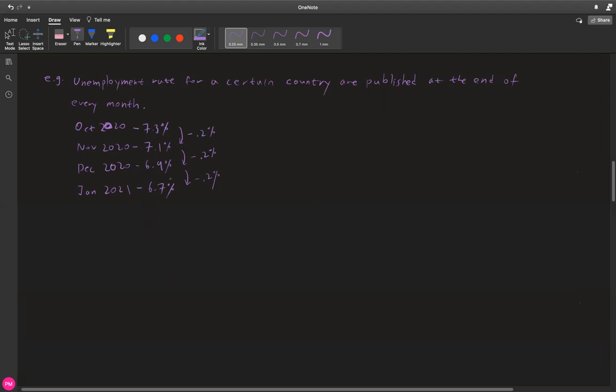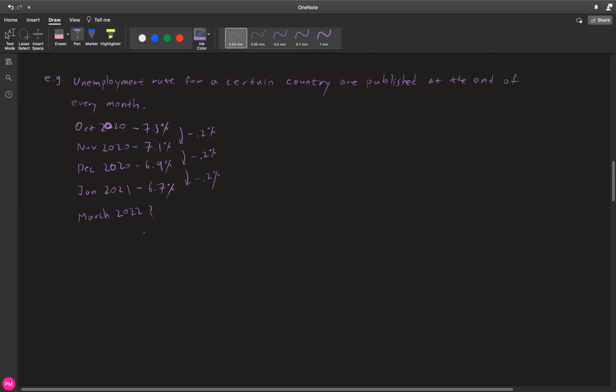But for the sake of a problem, let's say there is a certain country that has an unemployment rate for these months. Then what will be the unemployment rate for March 2022? How do you find it?